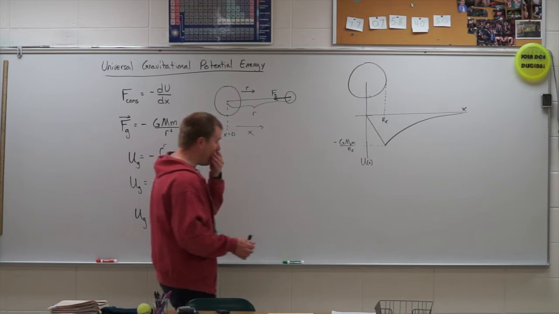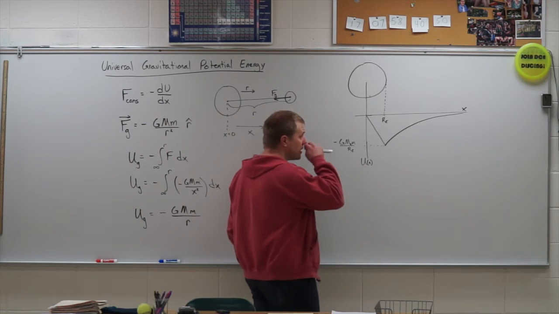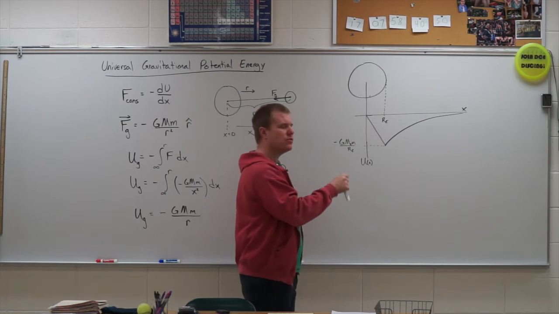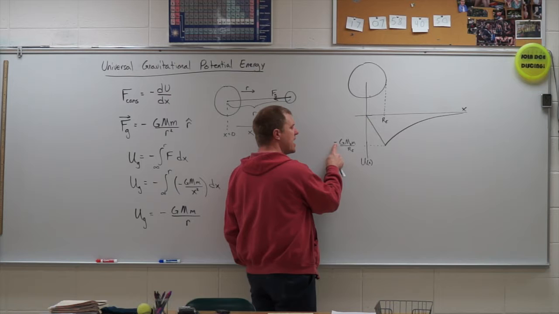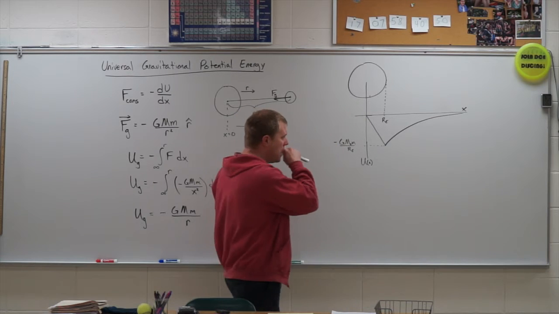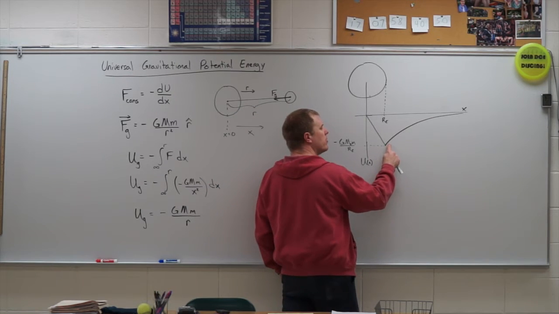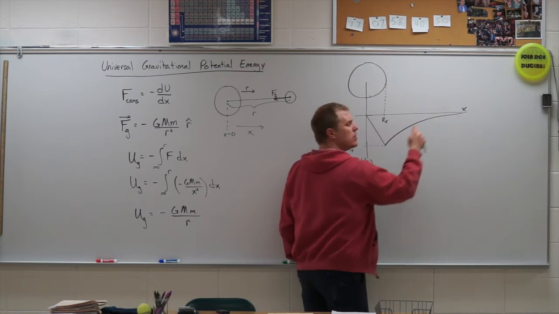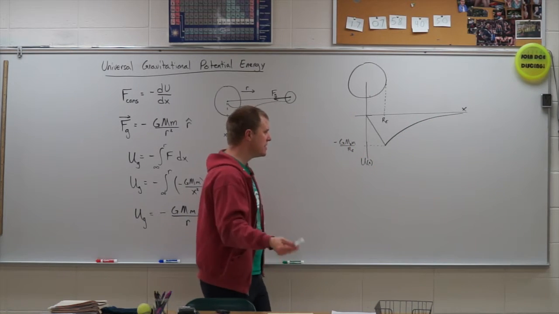Now, if I look at a graph, what that looks like is I have this point when I'm at the surface of the Earth, and I have this negative amount of potential energy. And the further I get away from Earth, my potential energy gets bigger and bigger until I reach infinity, when my potential energy is 0.